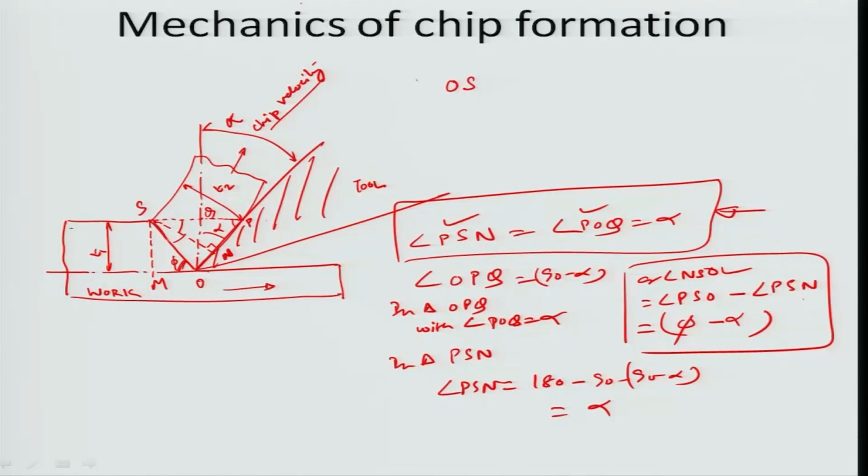Now, if I look at the length OS divided by the length SN, it should be equal to the secant of phi minus alpha.